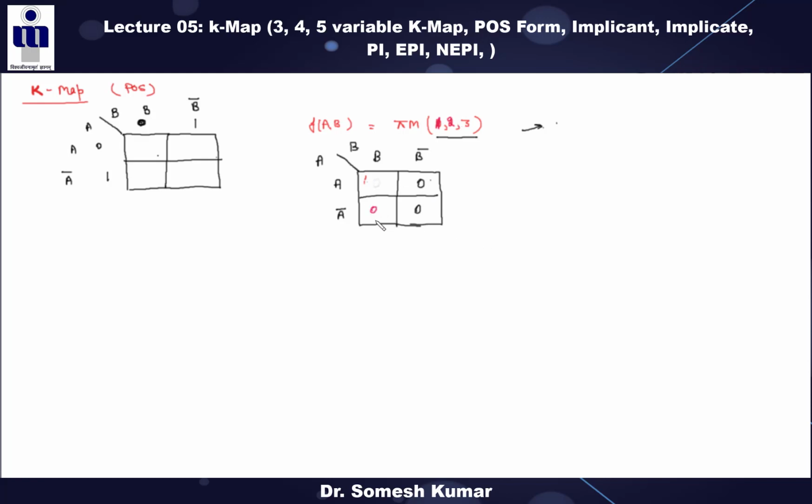Similarly, 2 pairs are possible. One is this pair. What is the output from this pair? This A bar is common. And this is your second pair. From this pair B bar is taken. So A bar dot B bar. Clear? This is for two variables.